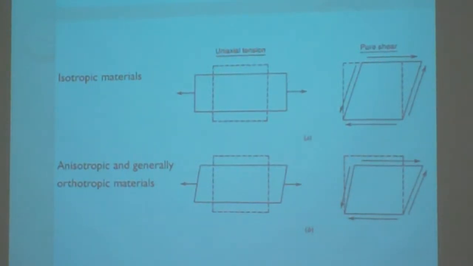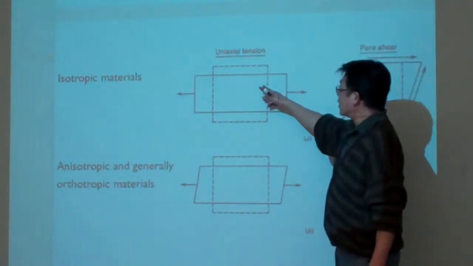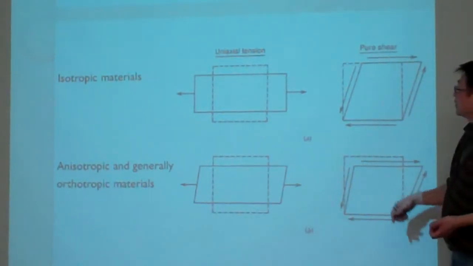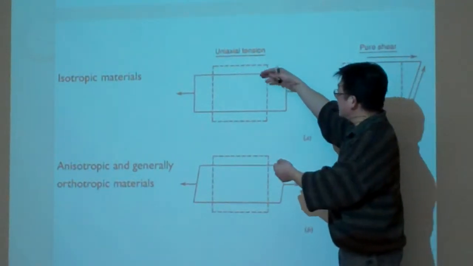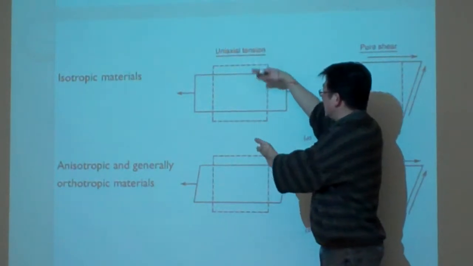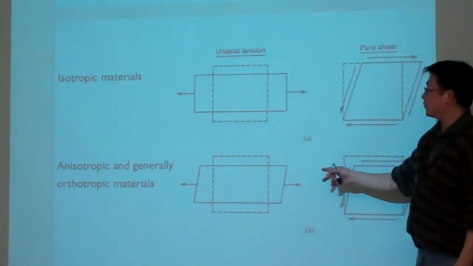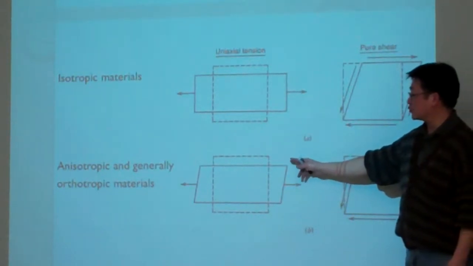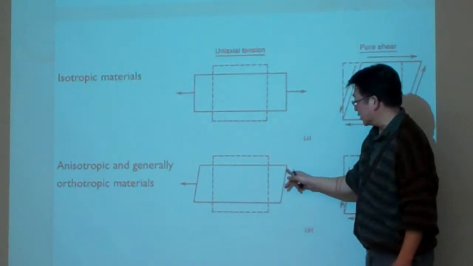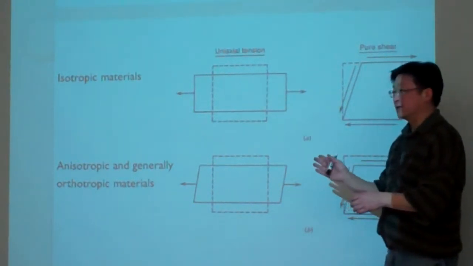So here is the feeling. For an isotropic material, it pretty much fits our intuition. We stretch, and then this material will be deformed in the lateral direction. But for a material that is not isotropic, once we stretch, we could also induce a shearing angle.